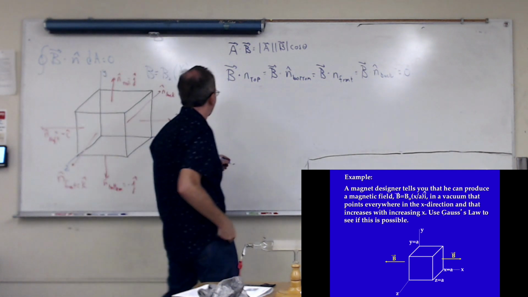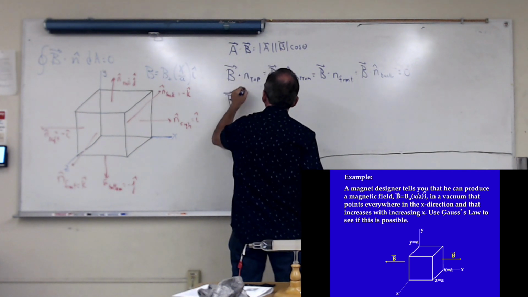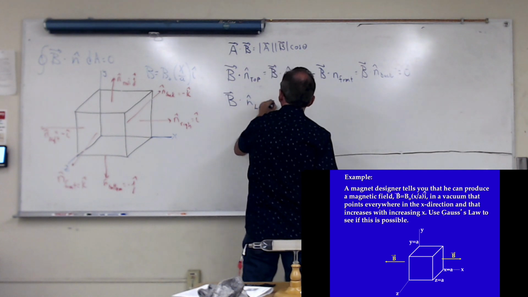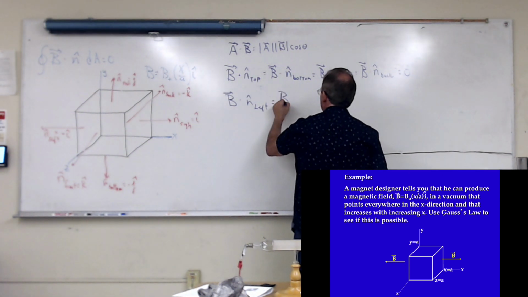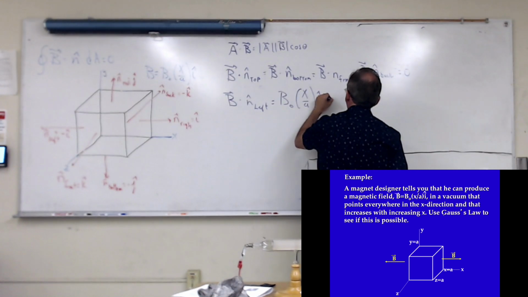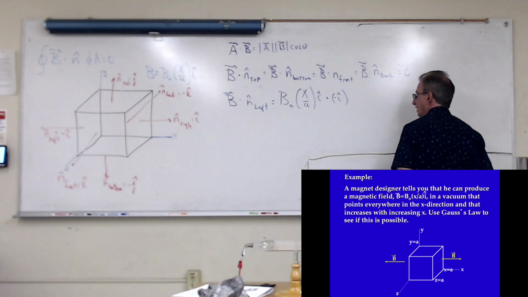Let's do B dotted with n left. It's going to be B naught x over A, I hat, dotted with negative I hat. What's I dot negative I?